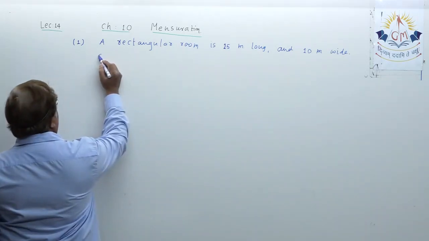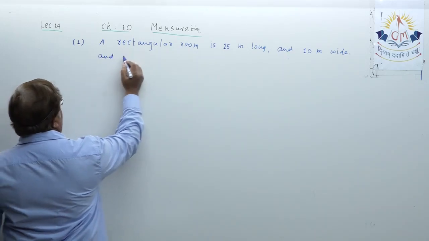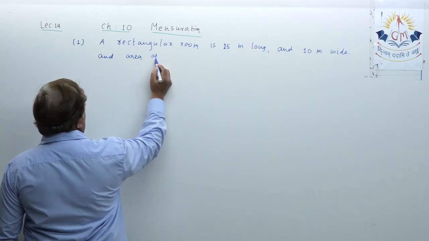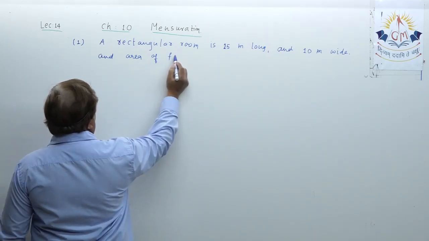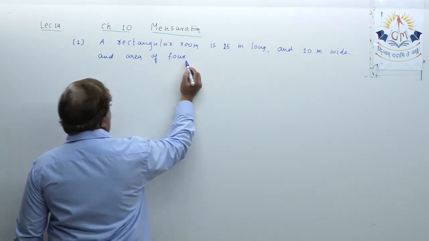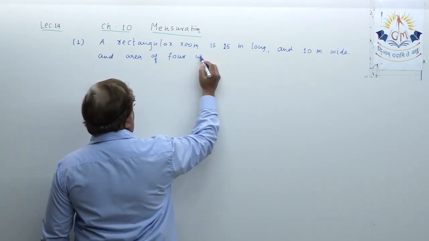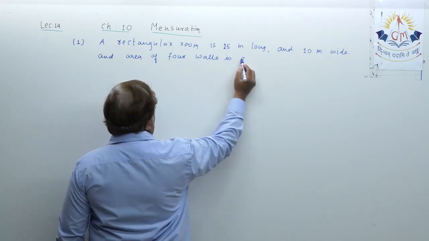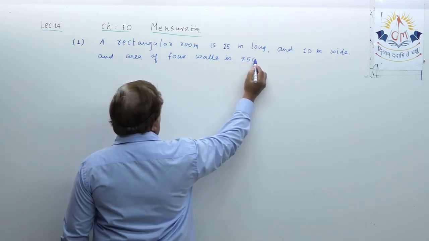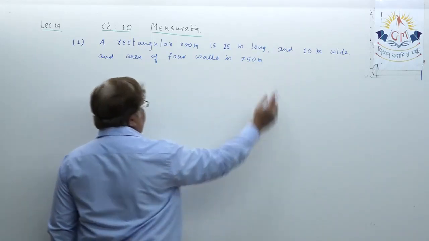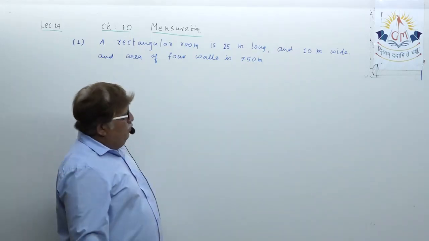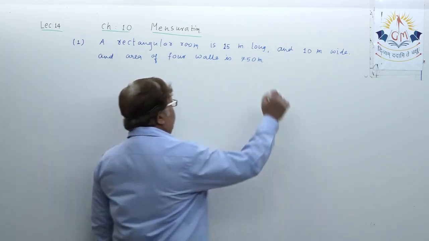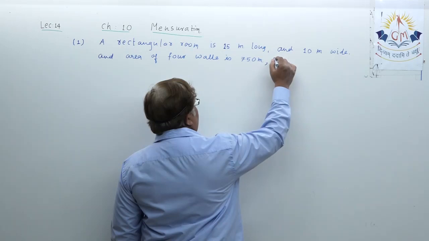And the area of 4 walls is 750 meter squared.